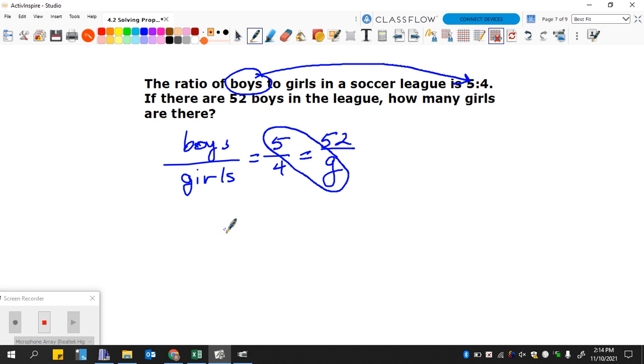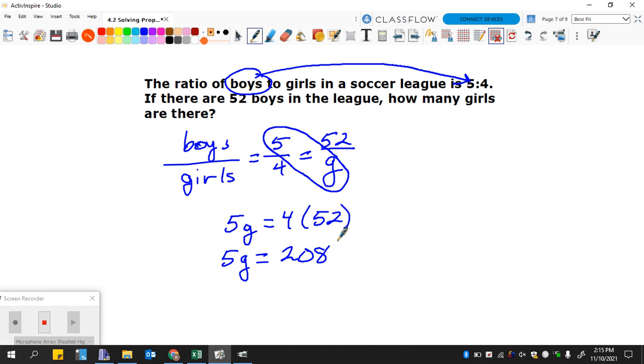So that would be 5 times G, or 5G, is equal to 4 times 52, which is 208.